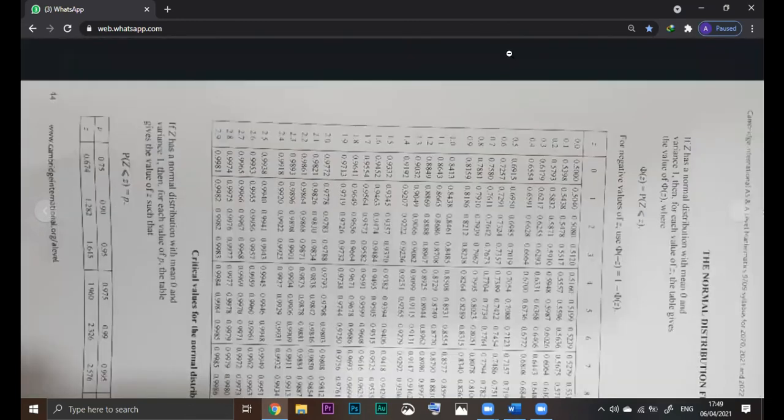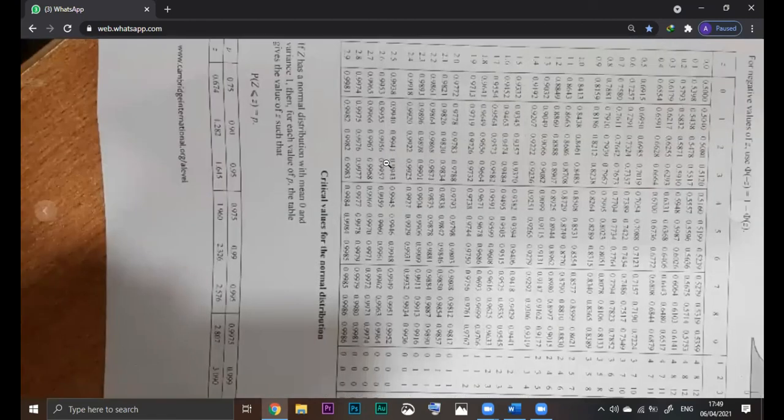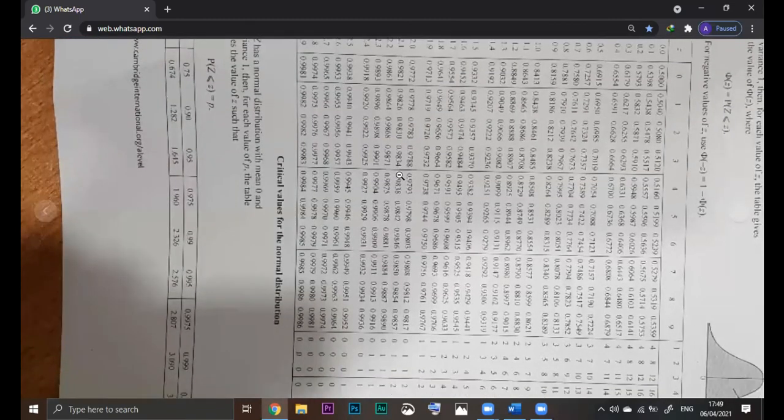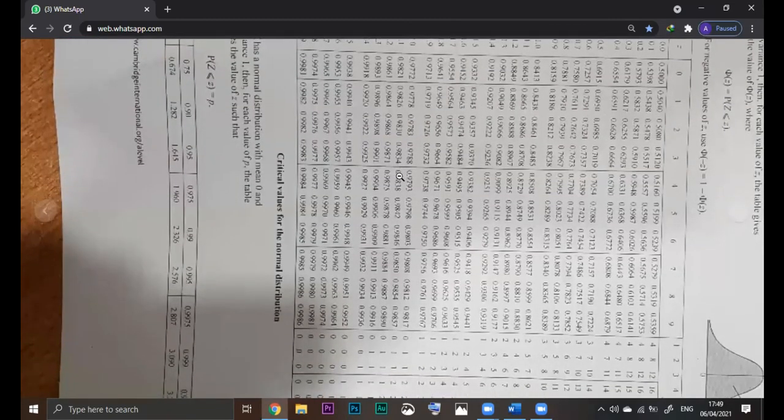Sir, can you say the figure again, 0.214? The value against 0.214.